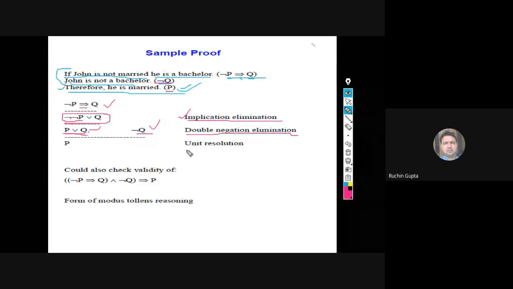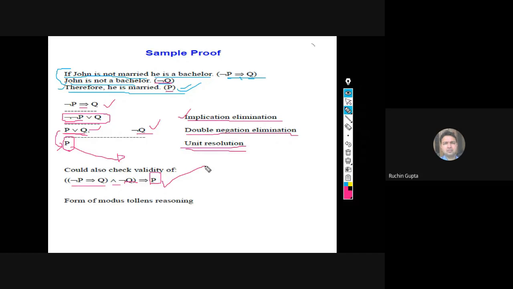Here I see Q and here I see negation of Q, so they will cancel out using unit resolution, and I will get P. This P is the conclusion I get. So I can say that if negation of P implies Q is true and negation of Q is true, it implies that P is also going to be true.